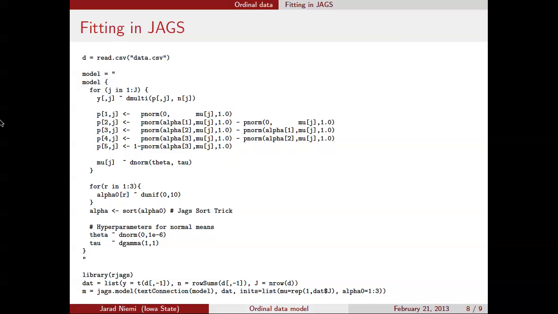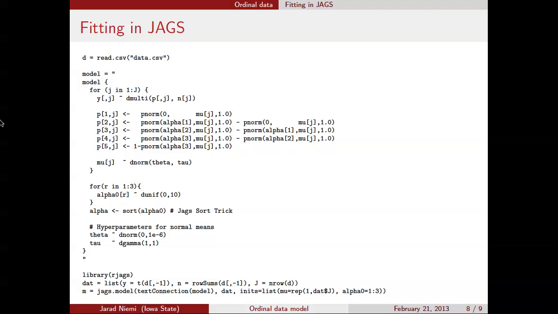And now we have that requirement that the alphas actually be in order. So the next bit of code here is just doing that constraint. What we've assumed here is that the alphas are uniform on some range. Here I made the range 0 to 10. But there's no reason that the alphas have to be ordered if that was the only prior that you had.